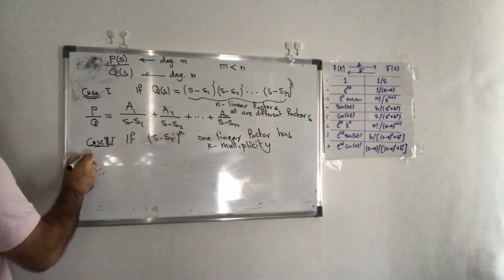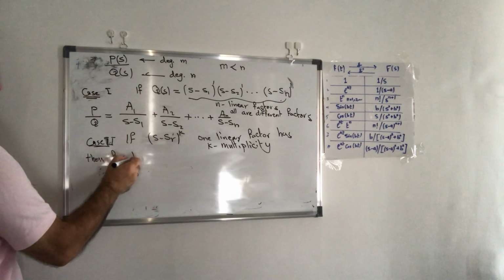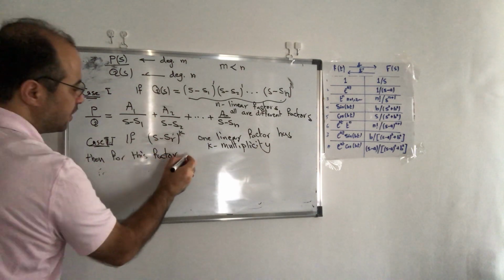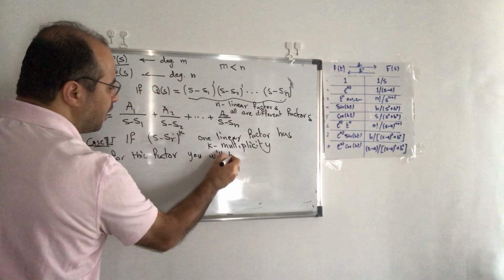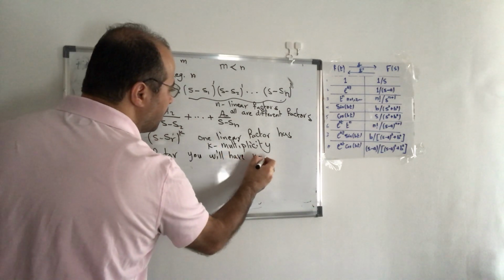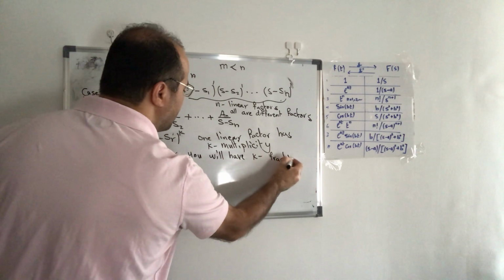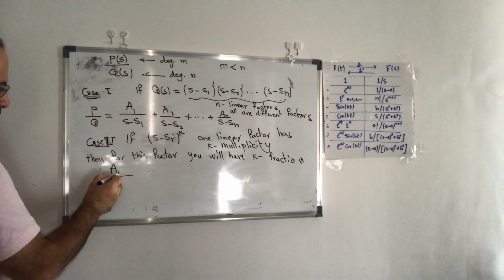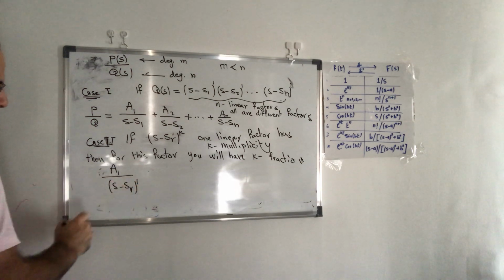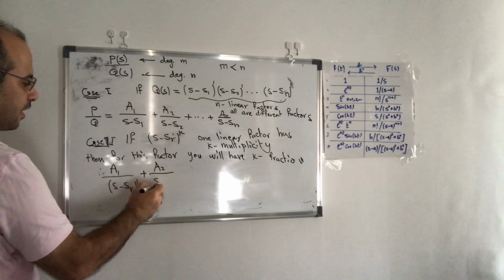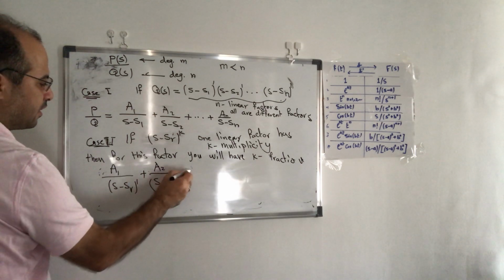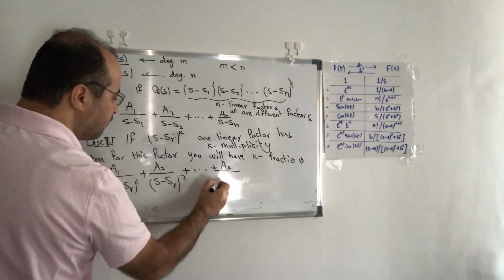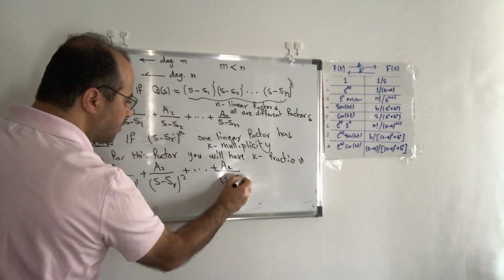Then for this factor, you will have K fractions, which are, if you like, you could say the first one is A1 over S minus S_R power 1, and the second one is A2 over S minus S_R power 2, and then plus ... plus A_K over S minus S_R power K.